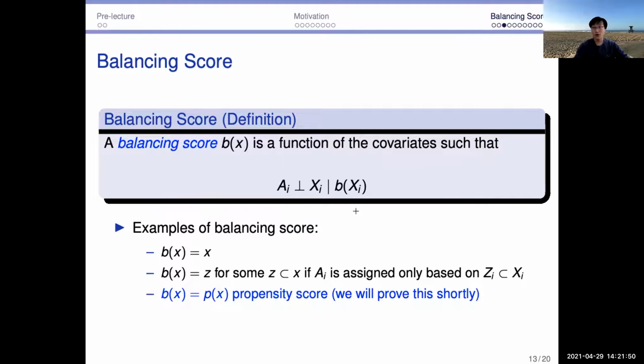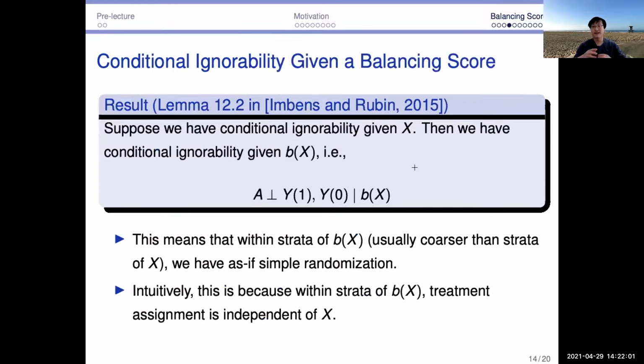Okay, so why do we care about finding a balancing score, some summary of covariates that satisfies this condition? This is because if we have a balancing score, then we have conditional ignorability, not just conditional on the entire covariate, but conditional on a summary of the covariate, here B of X, the balancing score.